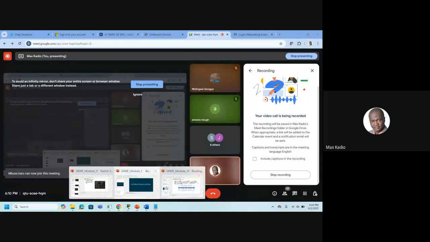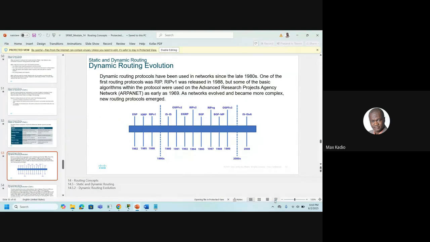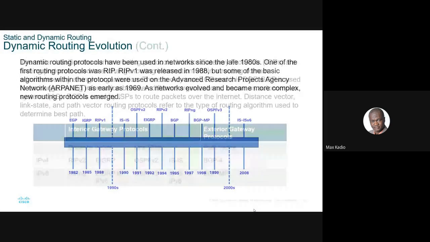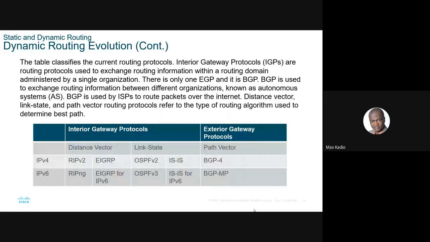Okay, I think that's the last slide, we are done with this chapter. Let's check dynamic. When it comes to dynamic routing protocols, we have many, but the most used is OSPF. Exterior gateway protocols are mostly for ISPs, internet service providers.